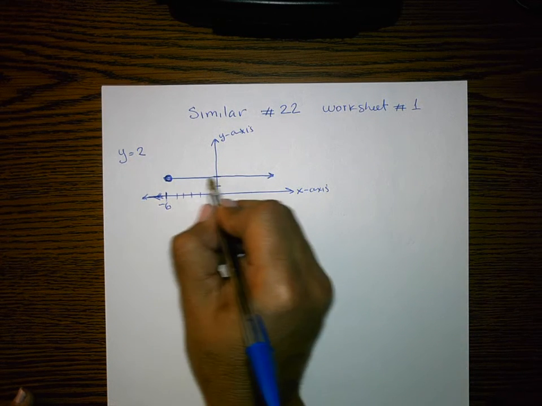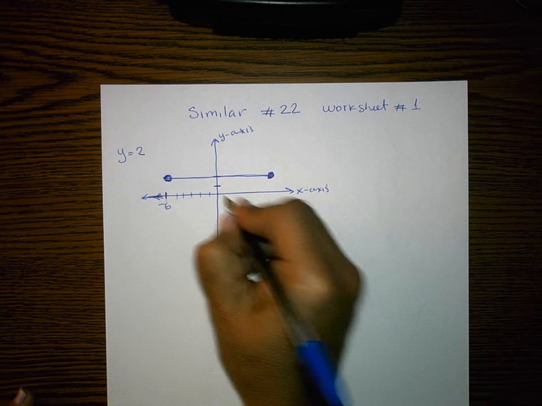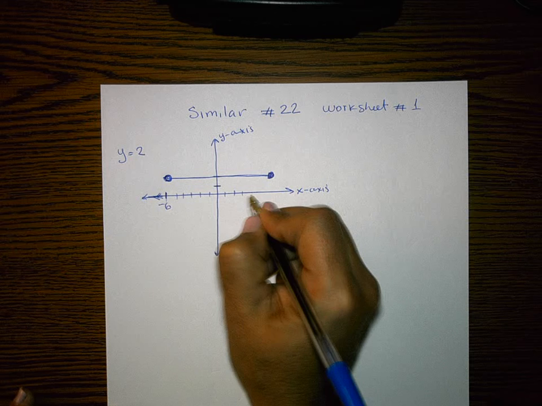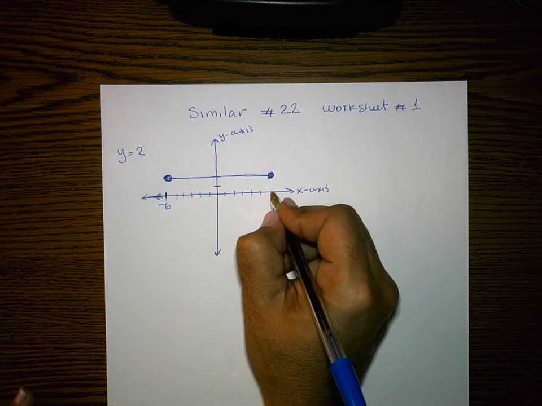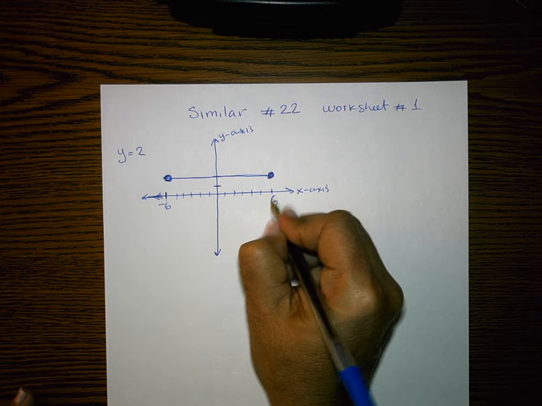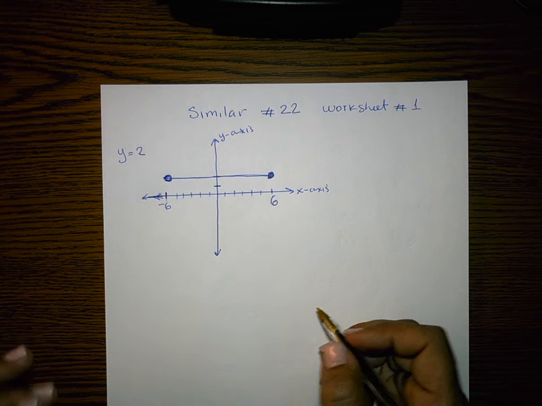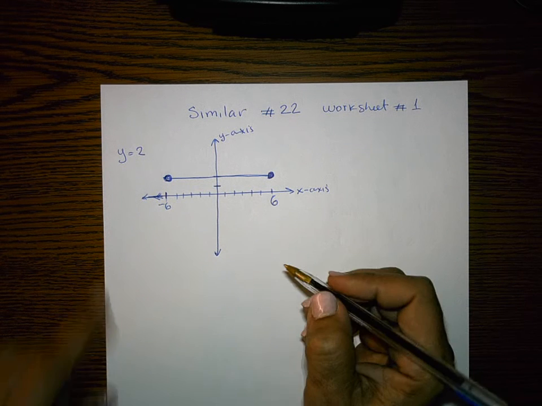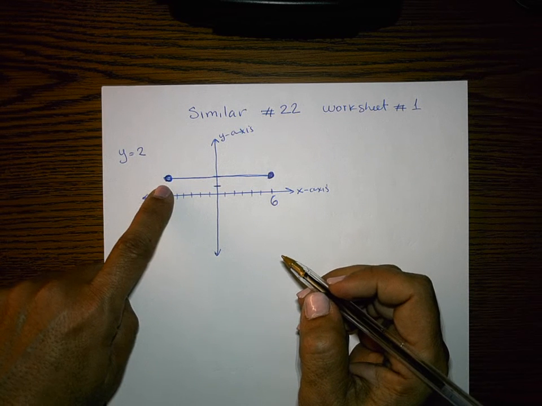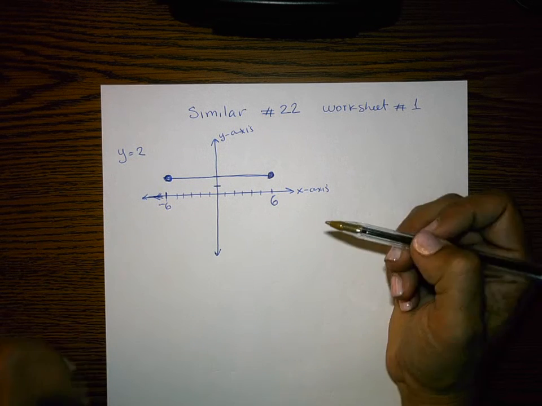And let me go all the way to, let me put a closed circle, +1, 2, 3, 4, 5, 6. All right, from -6 to 6. Just happened to be that way. So I have an open circle and this one is closed, okay? It's kind of hard to tell, but this one is open at -6, but it's closed at +6.